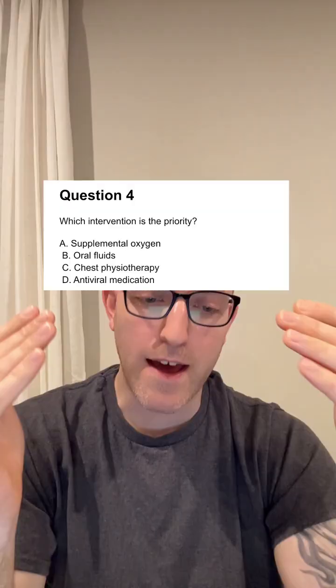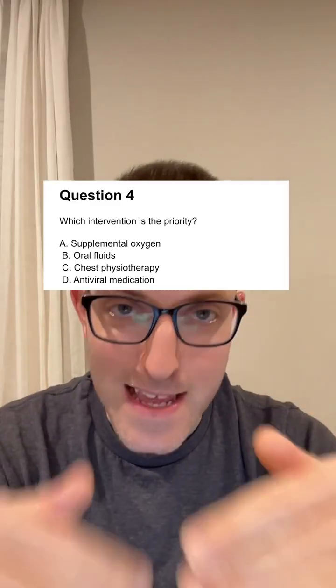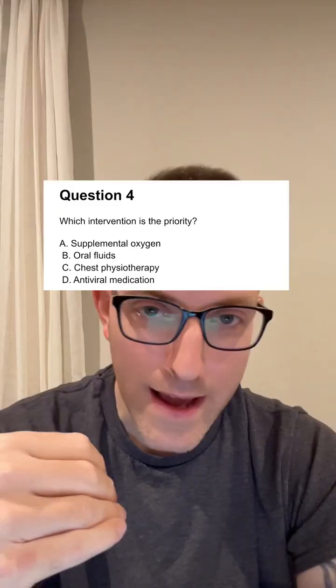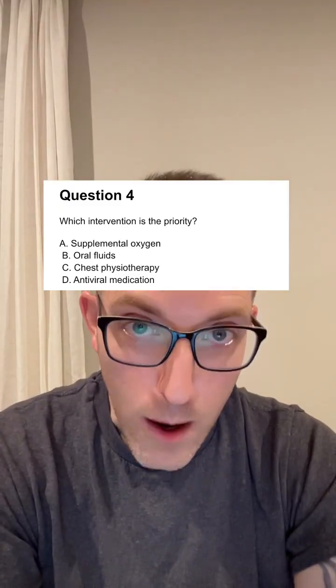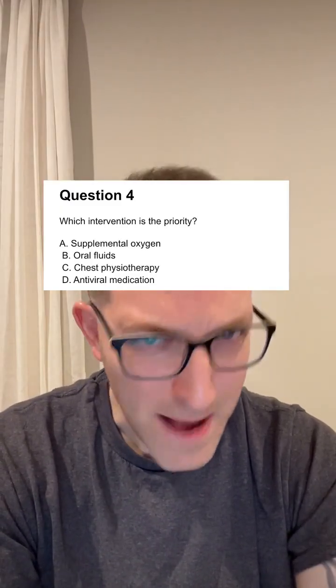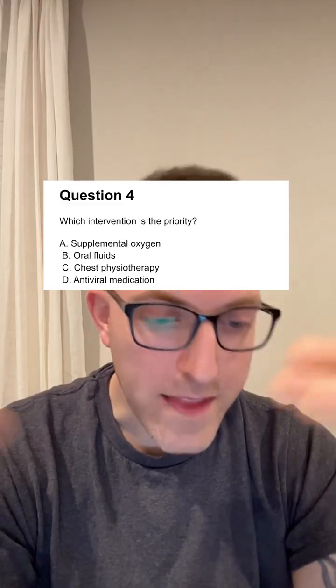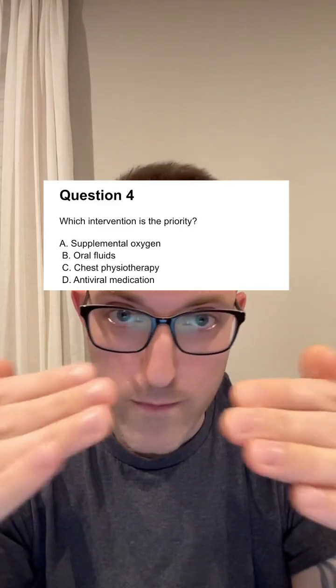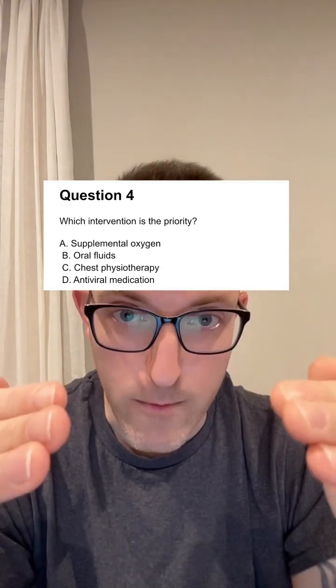NextGen is going to reward interventions that immediately change the physiology, not supportive care that sounds helpful. Does that make sense? NextGen rewards interventions that immediately change physiology, not supportive ones that sound helpful.